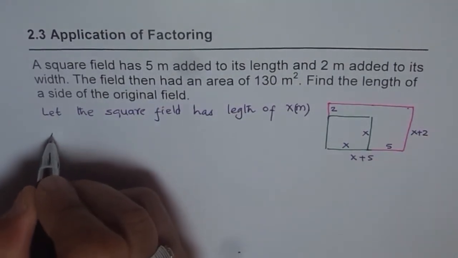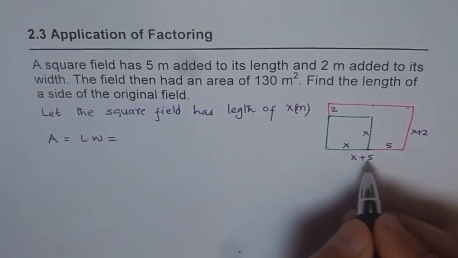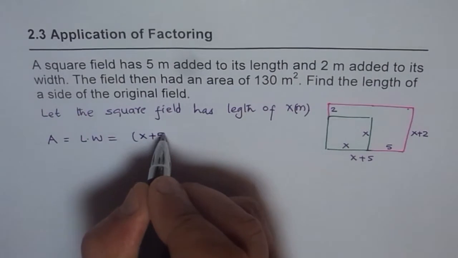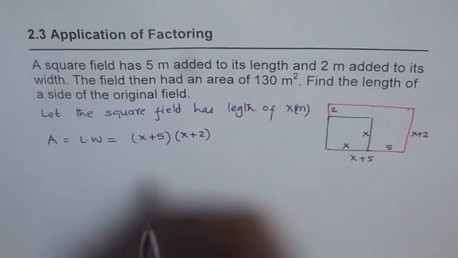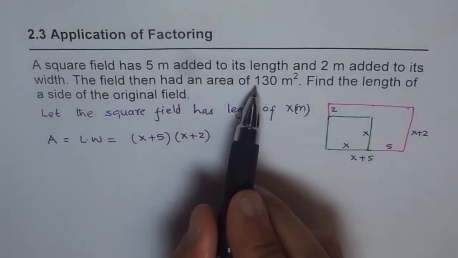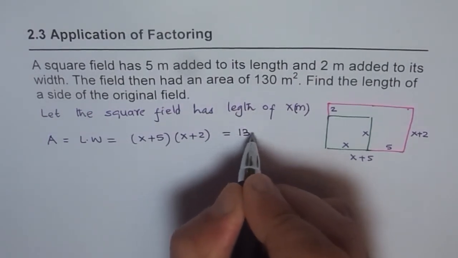Now we can write down area equals length times width, and in our case the length of the rectangle is x plus 5 and the width is x plus 2. So that is the area, and this area is given to us as 130 meters squared. So we can equate this to 130.